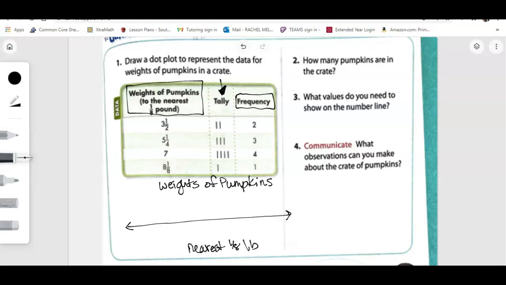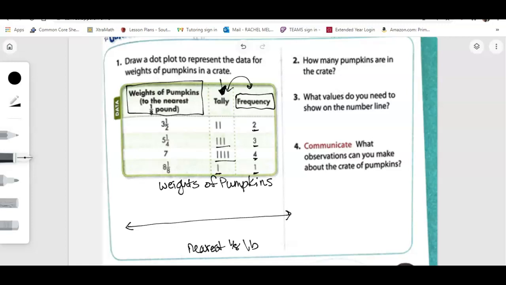Frequency and tally just mean how many times it happened. So notice there's 2 tally marks, so it's 2 times that it was 3.5. 3 tally marks, 3. 4 tally marks, 4. 1 tally mark, 1. So these 2 columns mean the exact same thing.